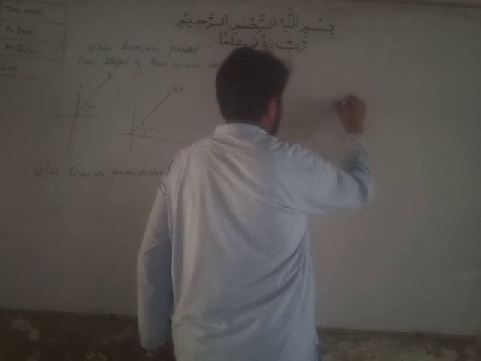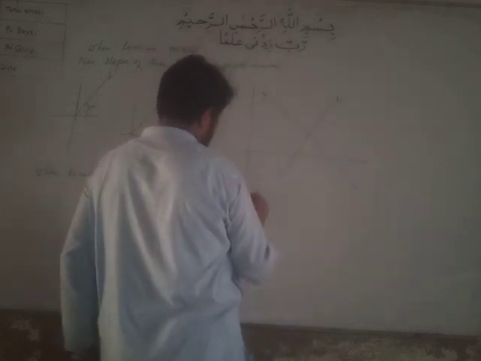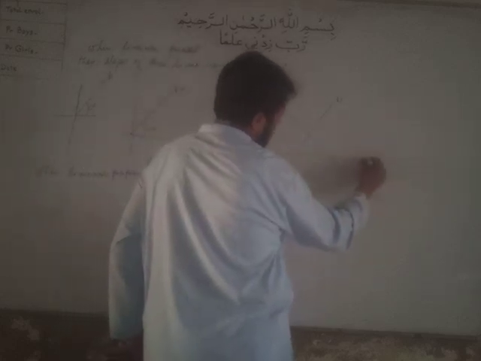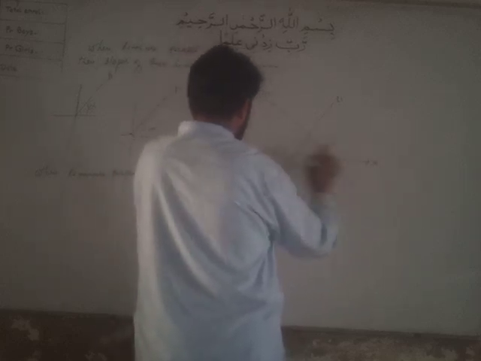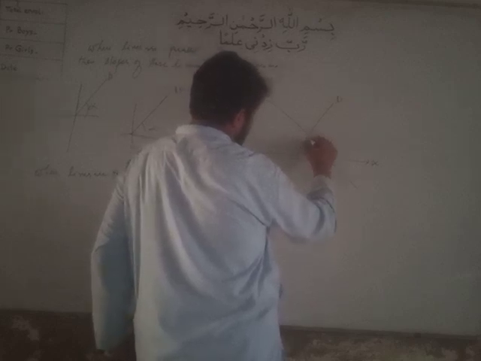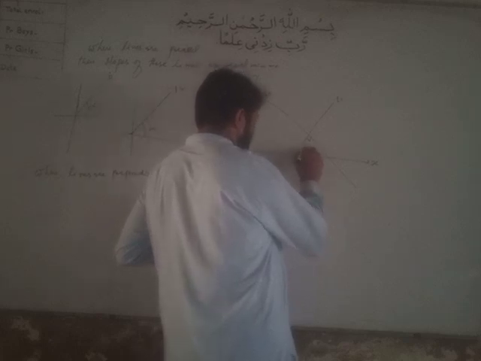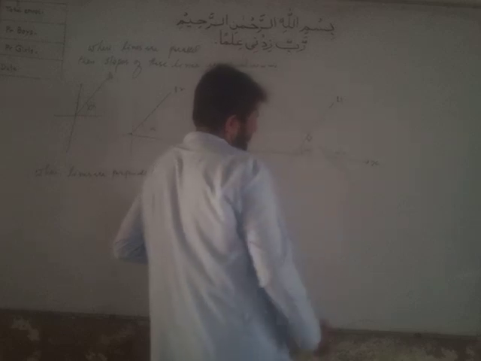This is L1 and this is L2 in the Cartesian coordinate system. Line 1 makes angle alpha 1 and line 2 makes angle alpha 2.